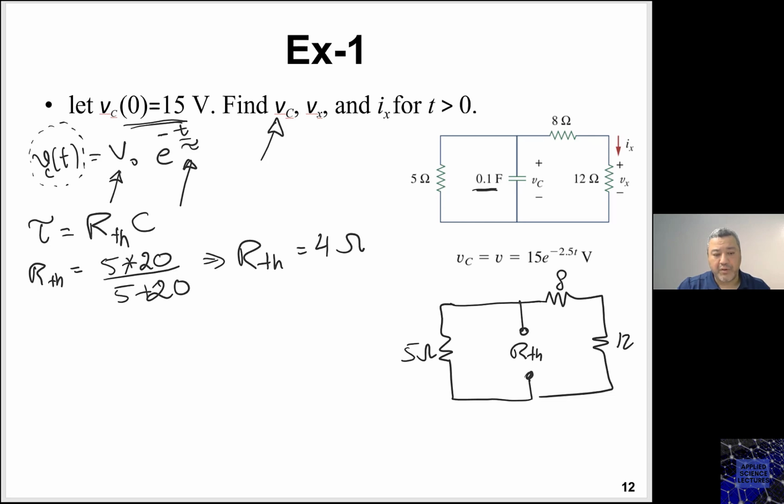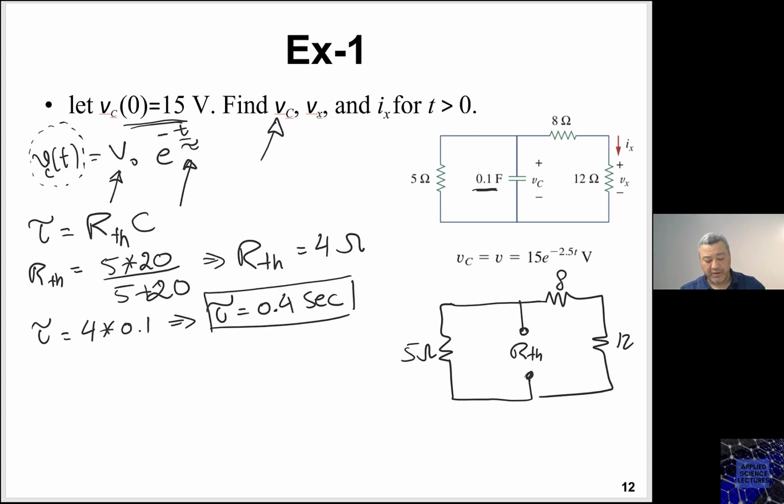So I found R Thevenin that I will be using for my tau. So my tau now becomes R Thevenin, 4, times the capacitance, 0.1, so tau is 0.4 second. So I have found Vc(t).